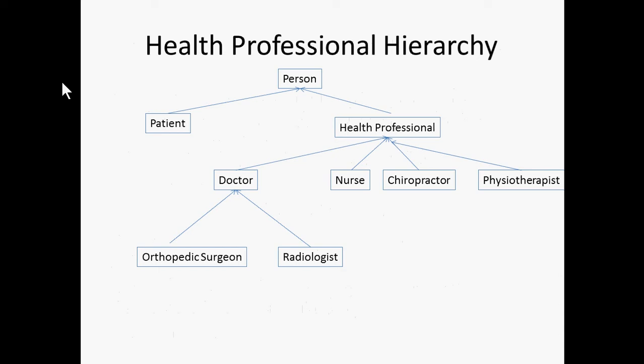If you had a function that handles any health professional, you could pass in a doctor or a radiologist. It would be treated as if it's a health professional, in its capacity as a health professional. And it could do very general things there, and you wouldn't have to worry that it's actually a radiologist, because that's just a subtype of that.